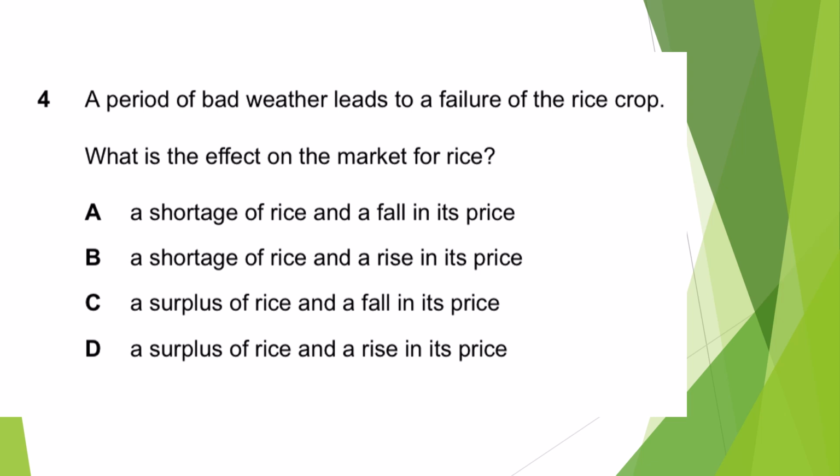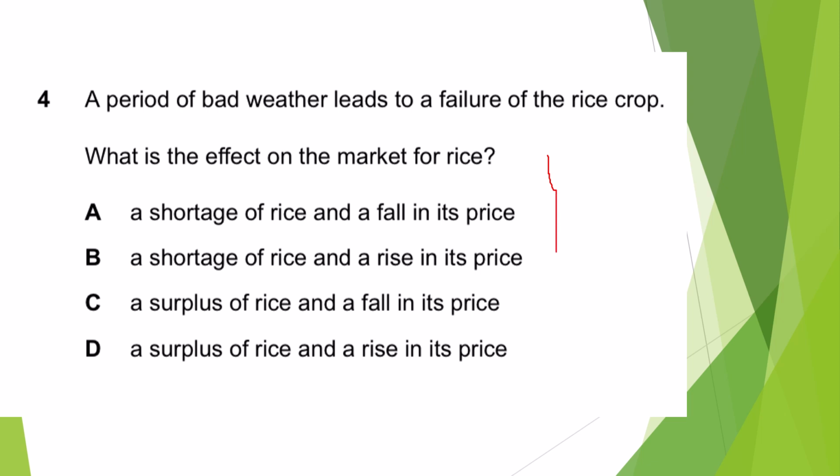Then we need to know that it will either create a shortage or a surplus. A bad weather condition leads to a failure of the rice crops. When there is a failure of the rice crop, it means there is going to be a shortage, that the supply is going to decrease, right?